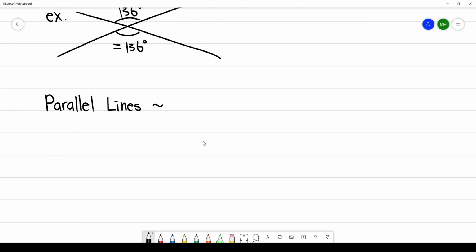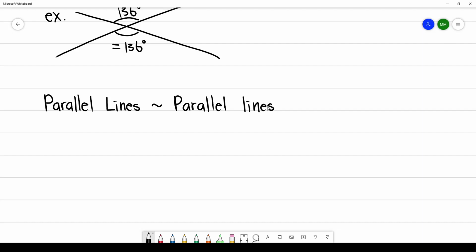You might know this already, but parallel lines are lines that never intersect with each other.